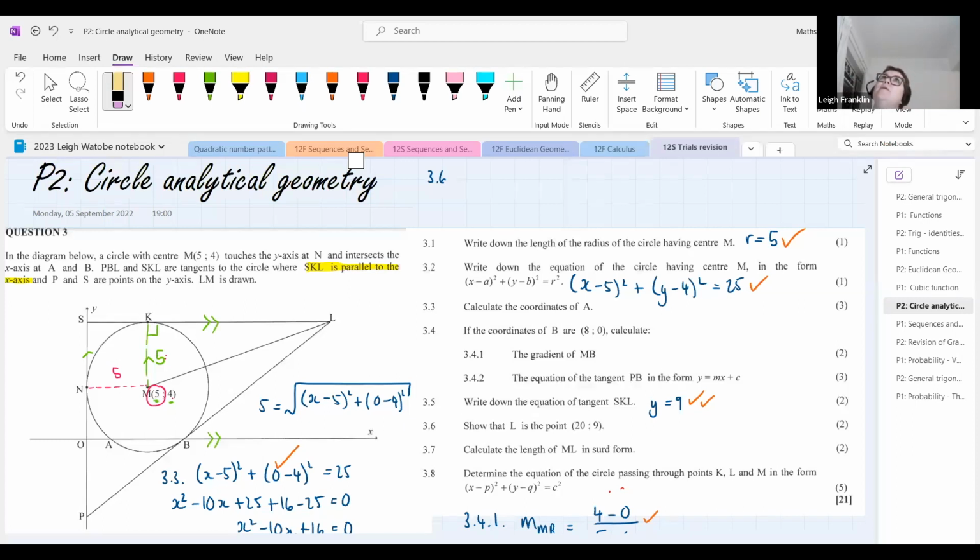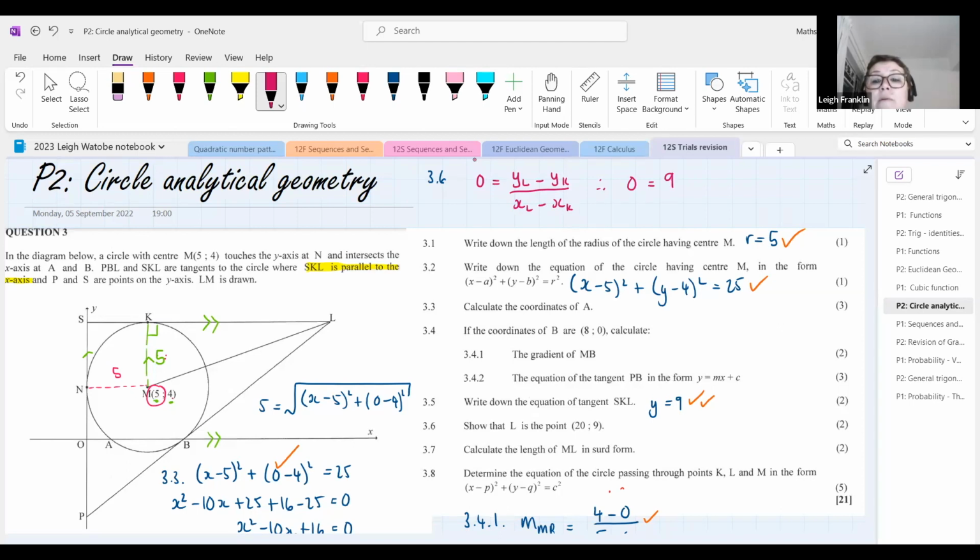You were saying gradient. Okay, all right, Keithlin, let's just go with what you were saying. We know that the gradient of line SKL is equal to 0, right? So at K and L, maybe you're right, Keithlin. So we've got the y coordinate at L minus the y coordinate at K over the x coordinate at L minus the x coordinate at K. All right, so the y coordinate at L we know is 9.